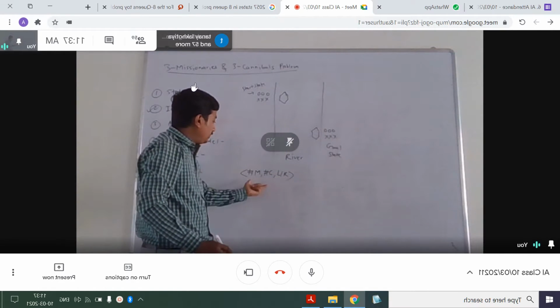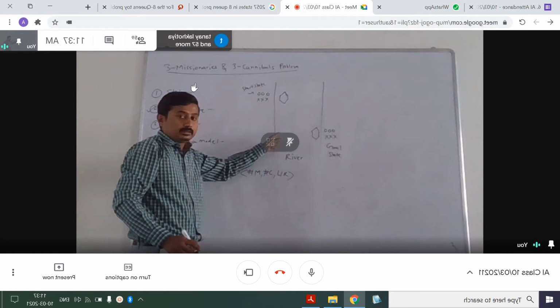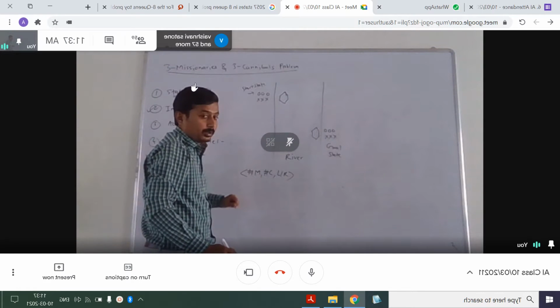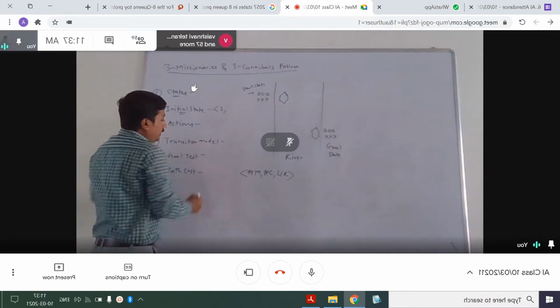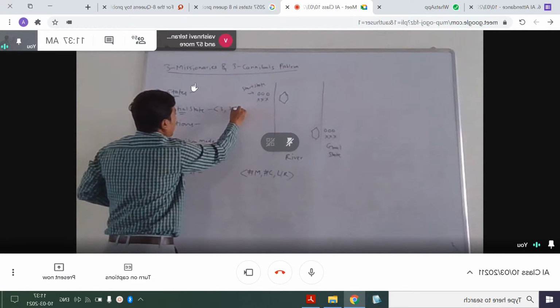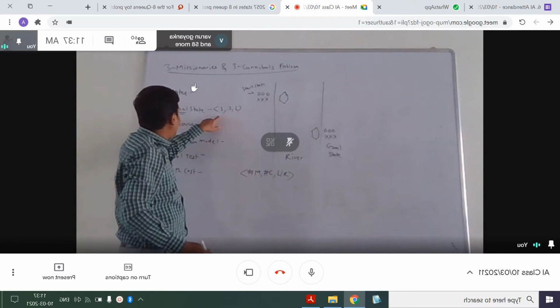I will be using this tuple to represent the state of the problem. So my initial state would be 3, 3, and the boat is on the left side of the bank.